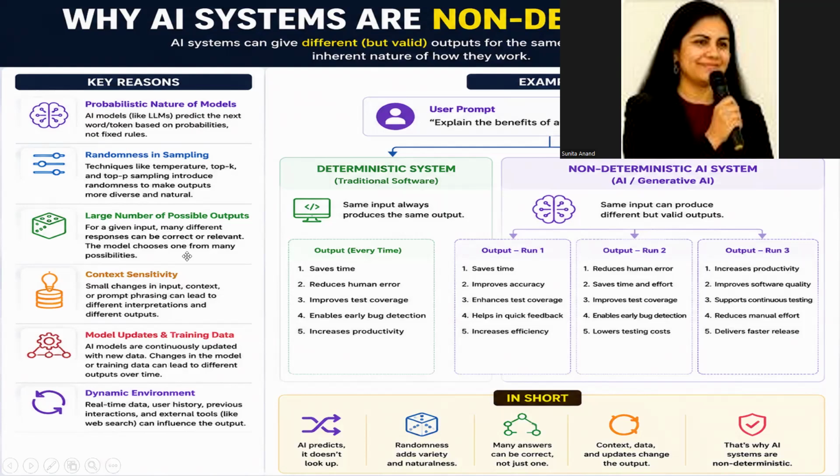We have to learn that when we are testing the deterministic way of getting our output, we call it testing of a deterministic system. When we are testing our AI applications, we are testing non-deterministic AI systems. In a deterministic system, you have the same input always and it produces the same output. We can see the five points given here for a deterministic system.